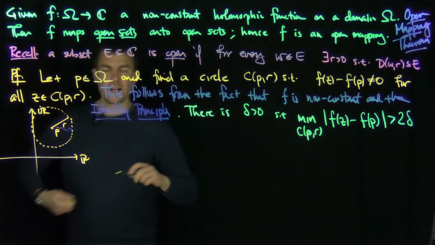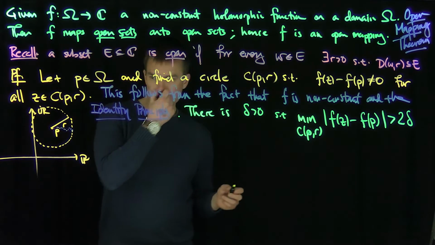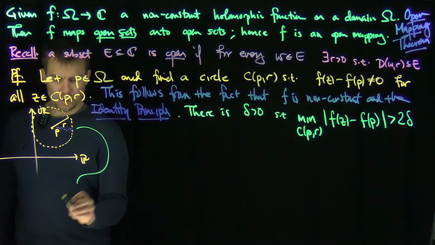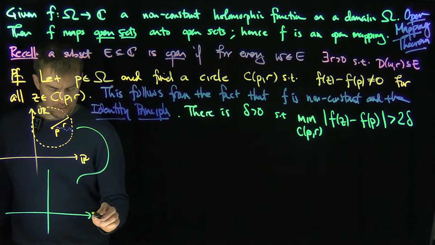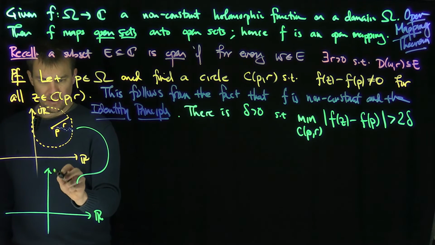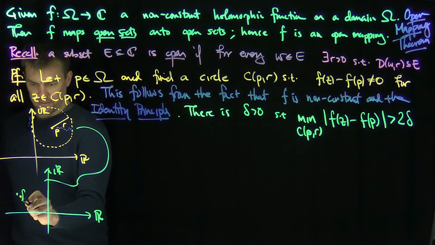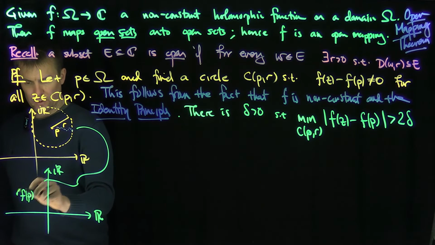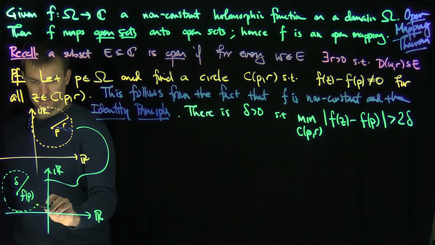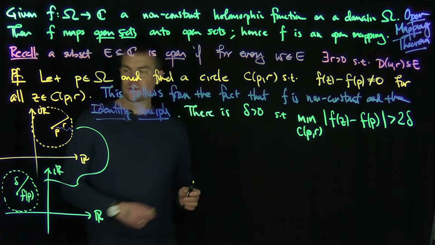Good. All right, and so now here's what we claim. Your holomorphic function f maps into the complex plane over here. There's R, there's iR, and that's where f(p) resides. I'm going to draw a disk of radius delta around f(p).